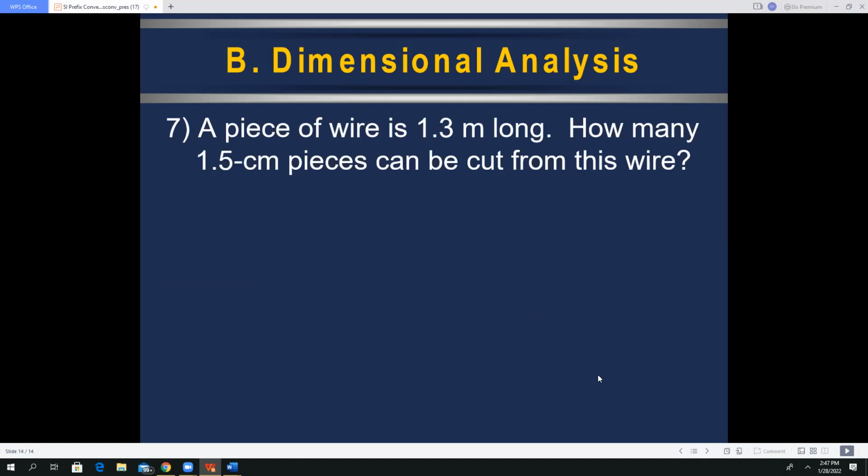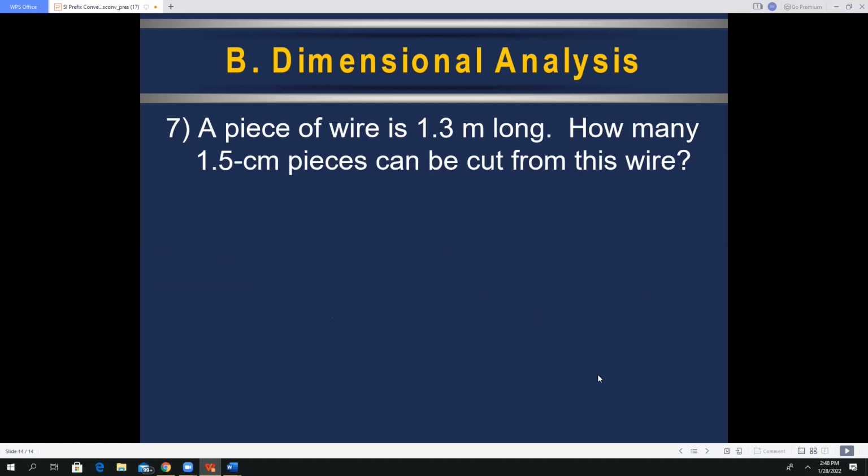This example right here is one of those that's a little bit different as far as the sig figs go, and I'll show you why. When you are cutting a piece of wire, if you have a remnant, is it going to be 1.5 centimeters? No. Therefore, your answer, if there is a remnant, is only a whole number, right?